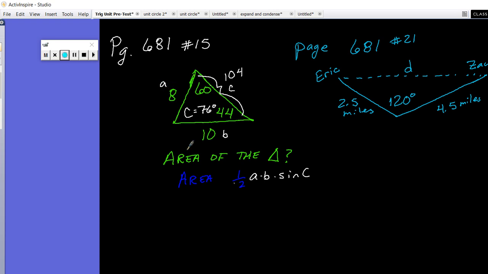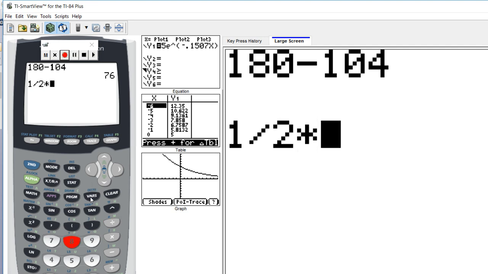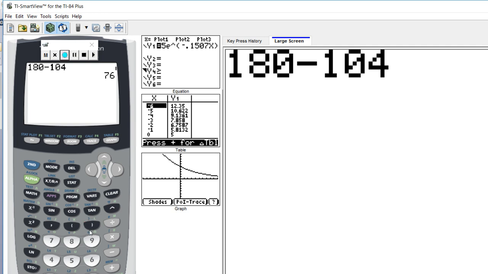So I now have the information I need to find the area. I go 1/2 of 8 times 10 times the sine of 76. So I go back to my calculator, and I go 1/2 times 8 times 10 times the sine of 76, and I hit enter.